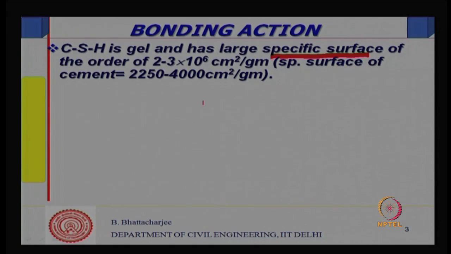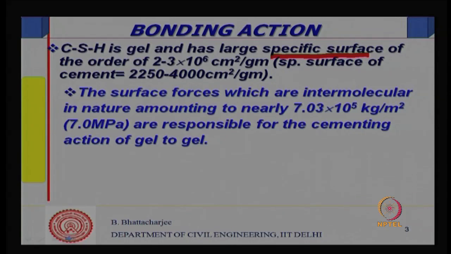You can see that it is 223 into 10 to the power 6 centimeter square per gram compared to that of cement, which has 2.25 or 4 into 10 to the power 3. The surface forces therefore will dominate, because the surface area is so large.